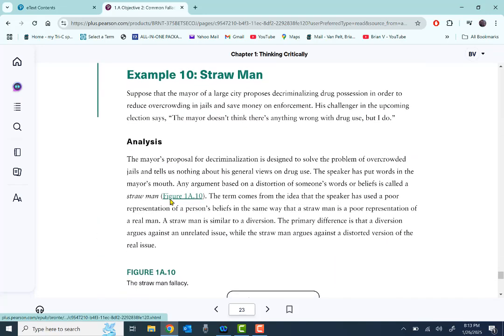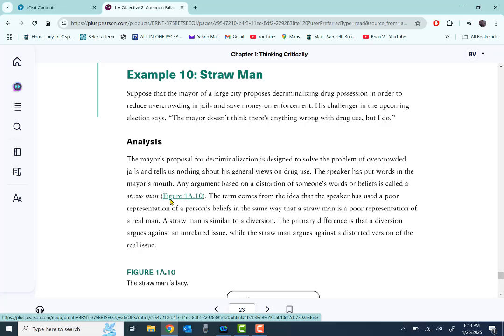Straw man. Here's the example here. Suppose that the mayor of a large city proposes decriminalizing drug possession in order to reduce overcrowding in the jails and save money on enforcement. His challenger in the upcoming election says, the mayor doesn't think there's anything wrong with drug use, but I do. So you can see here, the mayor has made no statement in regards to what he thinks about drug use. He is looking at a different situation here.